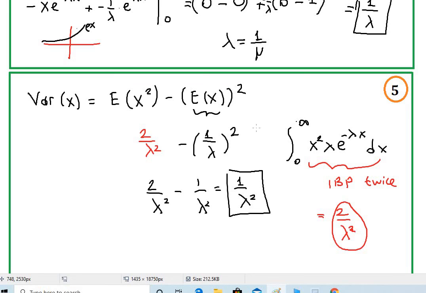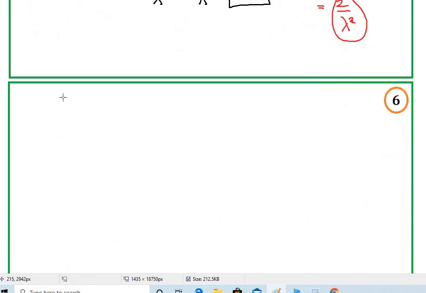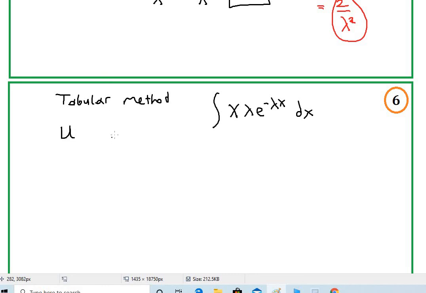Before I forget, I would like to do the tabular method that I promised. Let me do the tabular method at the bottom here. So we were going to integrate x lambda e to the negative lambda x dx. In our tabular method, we need to pick u and dv.